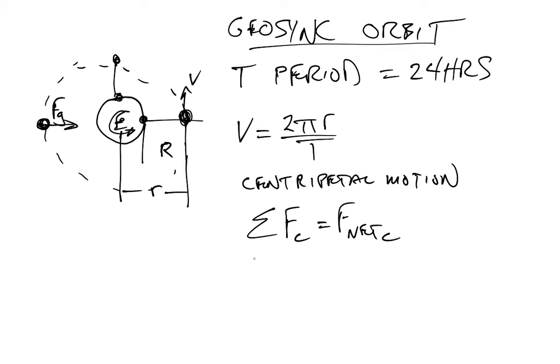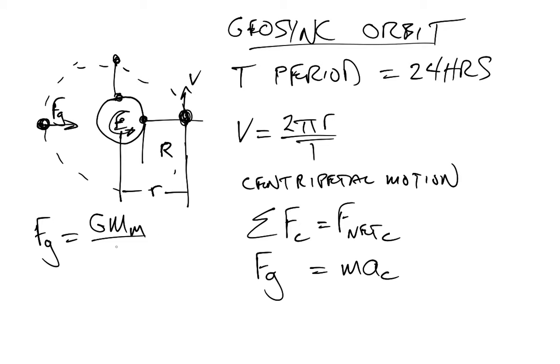So the force of gravity is equal to the mass times the centripetal acceleration. We know that the force of gravity is equal to G M m over r squared, where the big M is the mass of the Earth and the little m is the mass of the satellite.